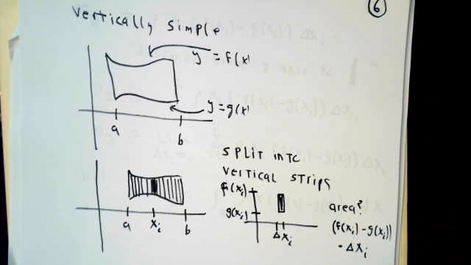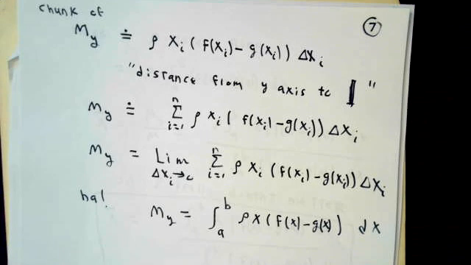The mass of this vertical rectangle is going to be the mass density rho times this area. So the bit of the moment about the y-axis that comes from that one particular vertical rectangle is the mass density times x_i times the area, which we have already previously stated.